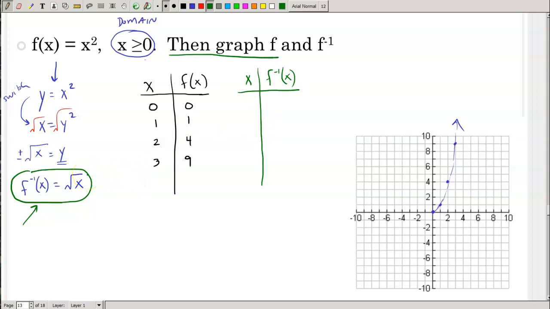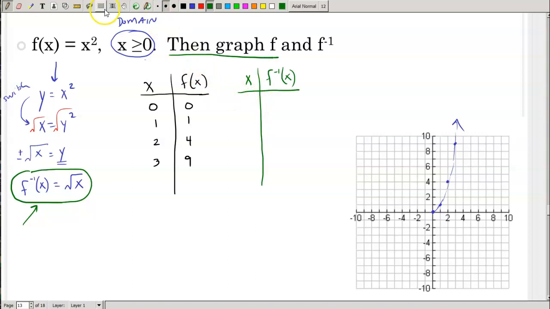Now, because we know that these two things are inverses, we don't actually have to plug in values and do the whole evaluation over again, because inverses switch the x and the y. The inputs and the outputs of inverse functions are simply switched.